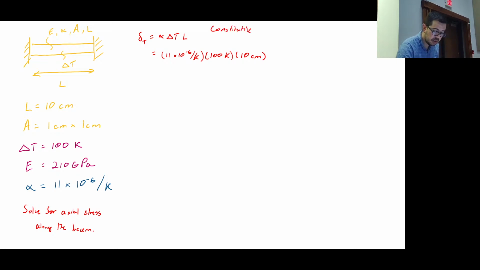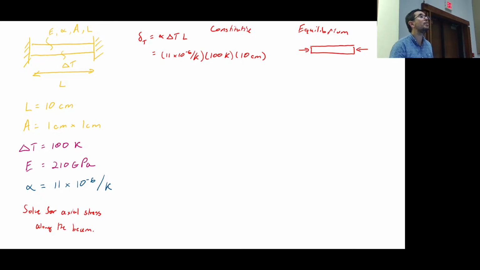Okay. So now, Jalami, you're saying let's look at equilibrium, right? And what do we know? It's some force, right? And it's going to be the same on either side, right?